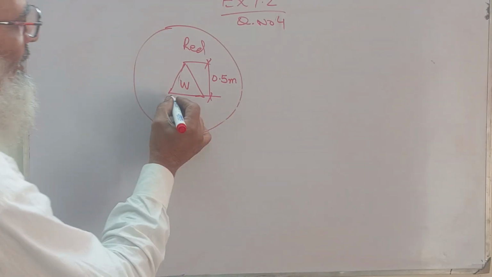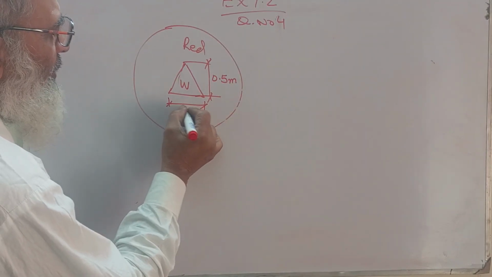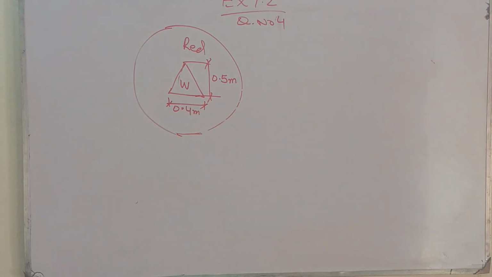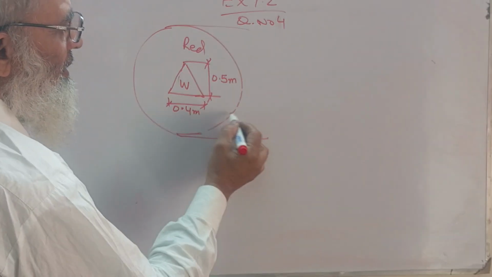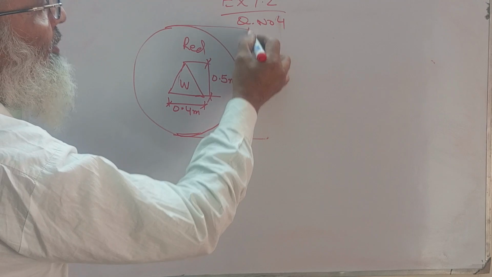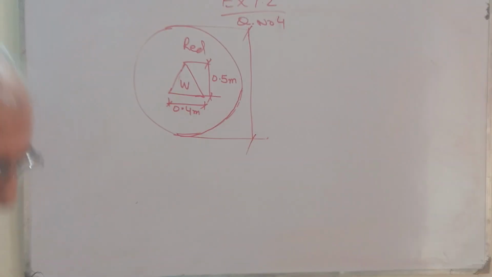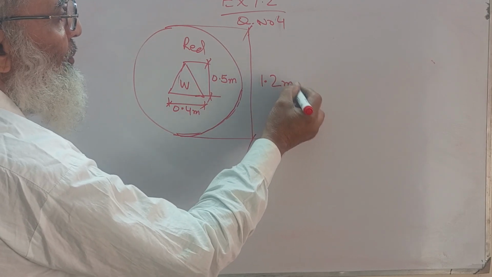And the base of the triangle is given 0.4 meters. And of course, the radius or diameter should have been given. Yes, it is given, and this is a complete circle. Now this is 1.2 meters.